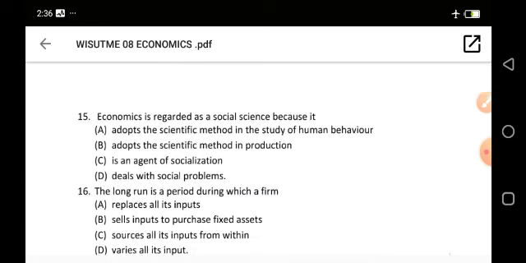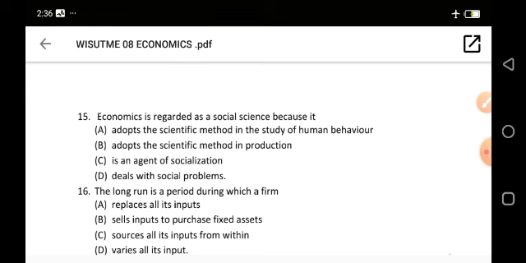Economics is regarded as a social science because... Remember, we say economics is a science, but it's a social science. Why? Because it studies human behavior. A social science is different from an applied science.